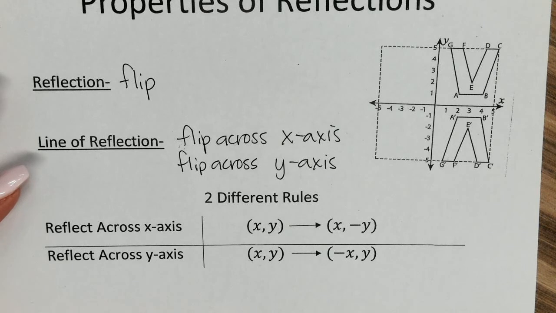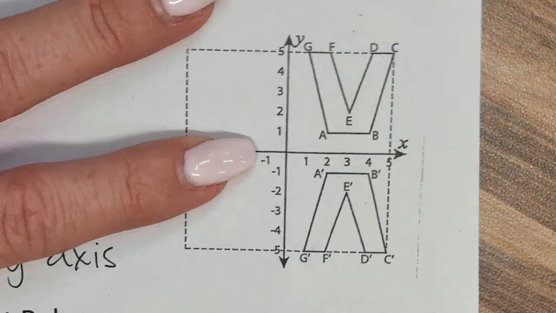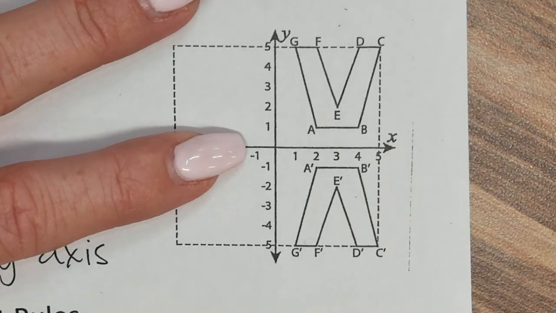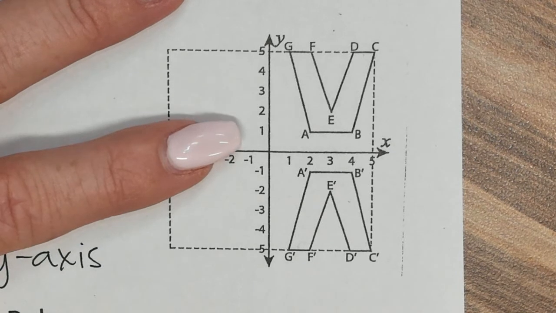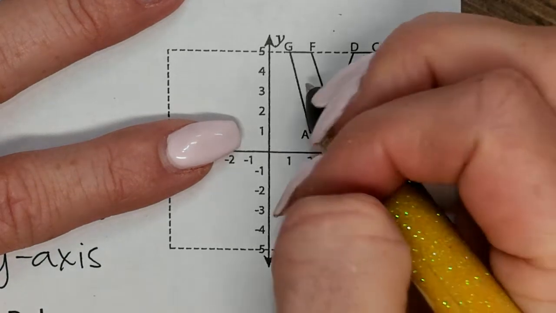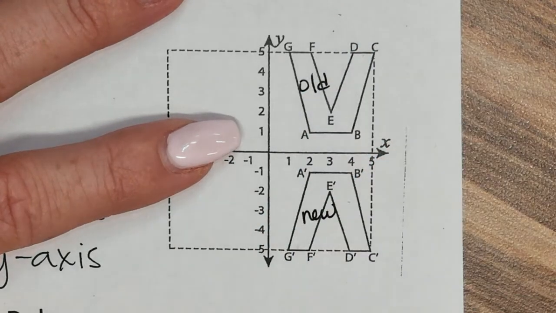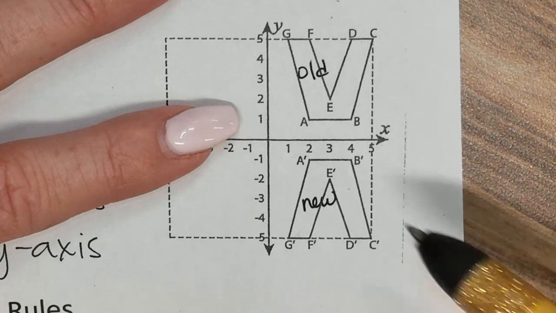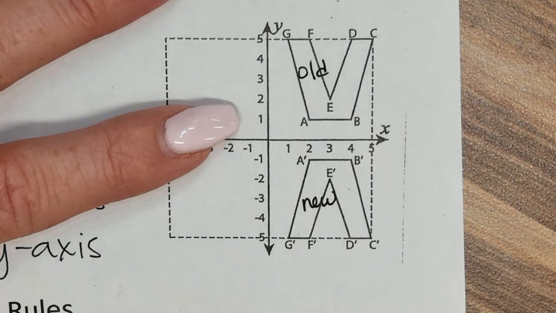So I want everybody to look at the image right here in the corner. Which shape is the original shape? How do y'all remember? How do you know? It doesn't have the dashes. So this is the old. This is the what? So you guys tell me, what did they flip this shape across?